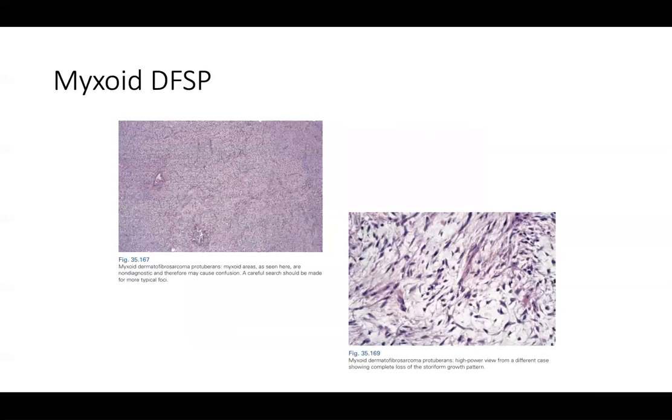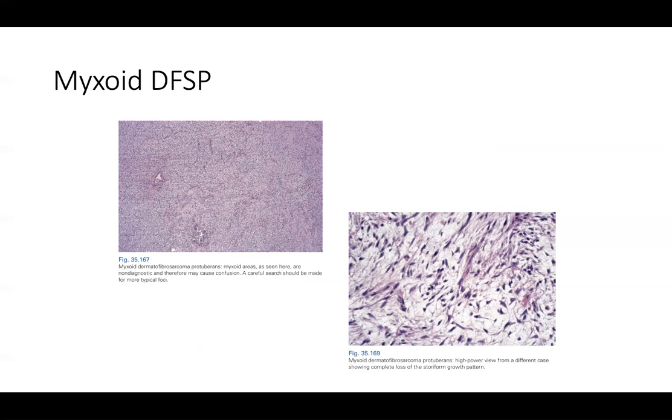Showing you a myxoid DFSP. So if you have a very light kind of stroma that looks like it's got abundant mucin, stringy blue material with these little punctate textures along the string, that's myxoid. That's mucin.